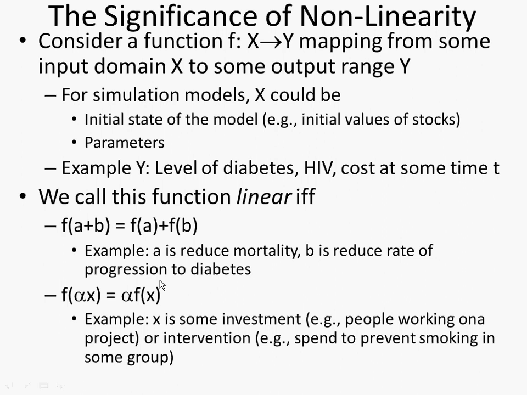If we apply twice the level of taxes onto tobacco, we know that it'll have twice the effect as if we applied the original amount. So X may be some investment here, the number of people working on a software project, and if it's linear, then if we apply twice as many people to a software project, we'll get twice the same effects we got out with the normal number of people, okay?